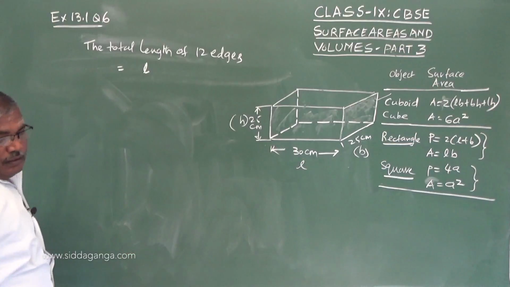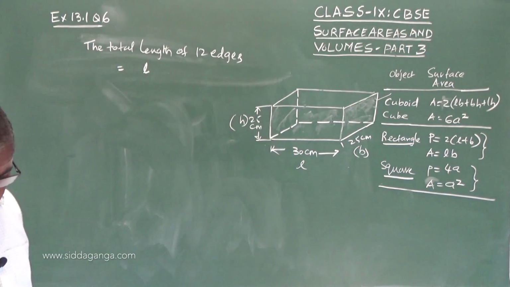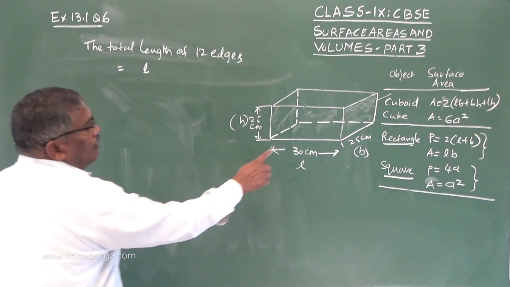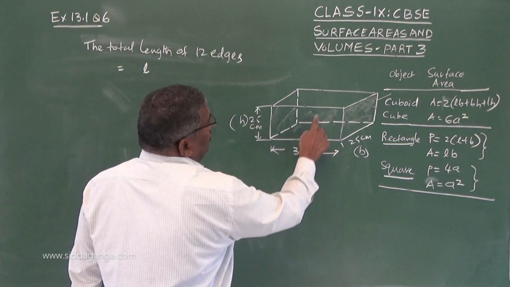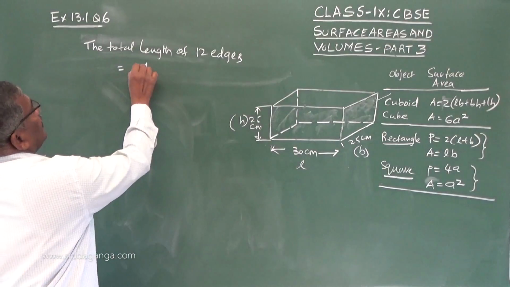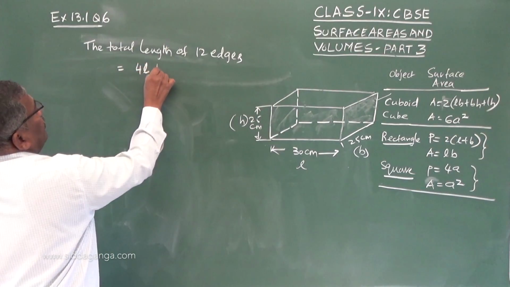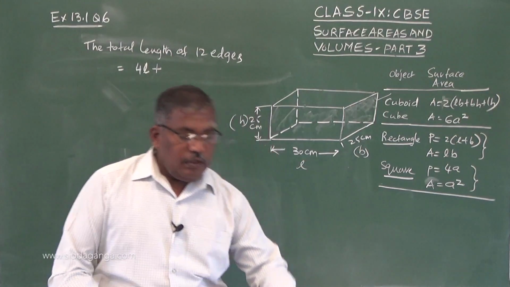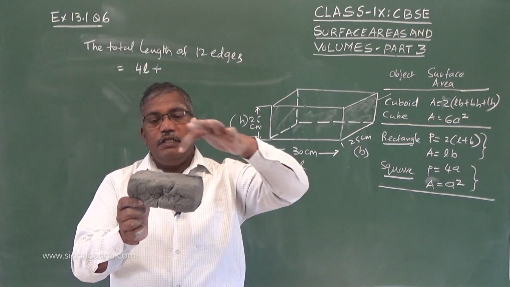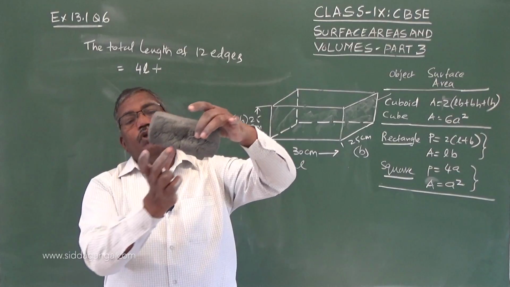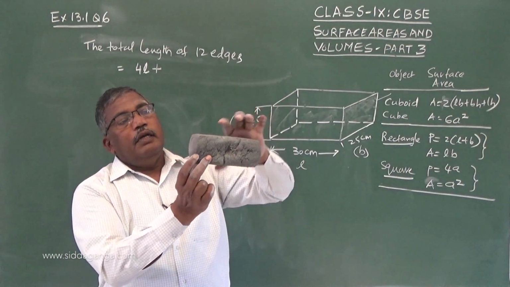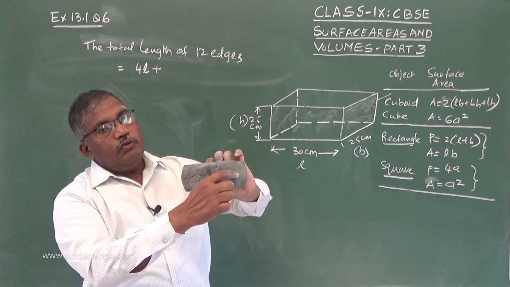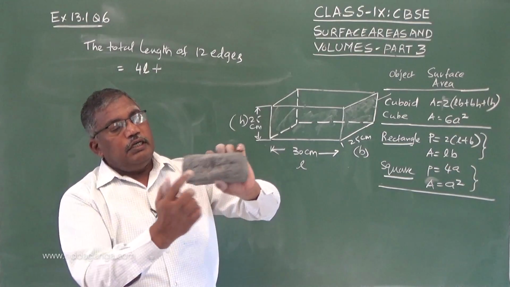So how many lengths are there? L, there are 2 in the bottom and 2 in the top, so I will write 4L plus. Now the breadth edges are 2 in the top, 2 in the bottom, and for the height, 2 on one face and 2 on the other face.